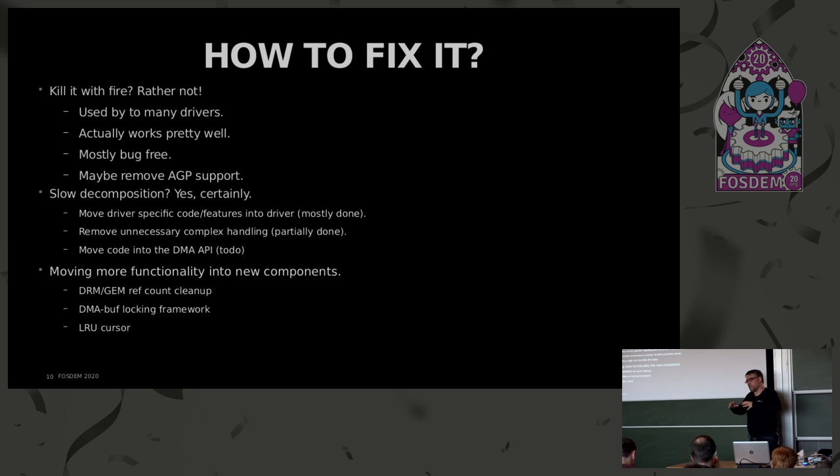Removing AGP actually won't mean that AGP hardware wouldn't work anymore, because at least the hardware AMD ever sold had not only AGP, but also this internal, how do you call it publicly?